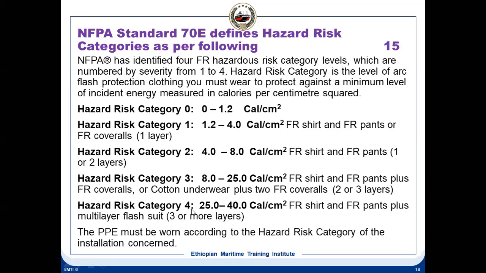Hazard risk category 4 means the energy can be from 25 to 40 calories per centimeter square, which is almost equal to 565 degrees Fahrenheit. So your PPE, or the arc suit, the fabric you are wearing, should be able to absorb that much energy. So your PPE will change with this.